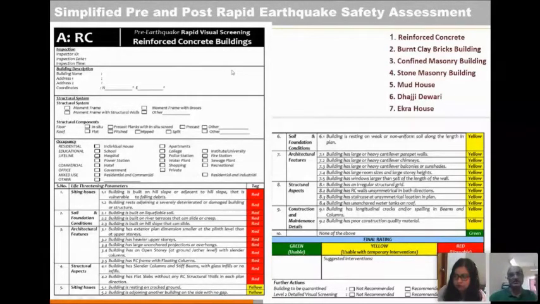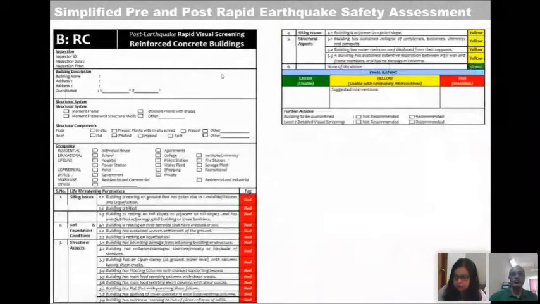A stands for pre and B stands for post. These are standard formats which are in the final stage and will be brought out, so that a unified approach will be adopted across the country for the rapid visual survey.